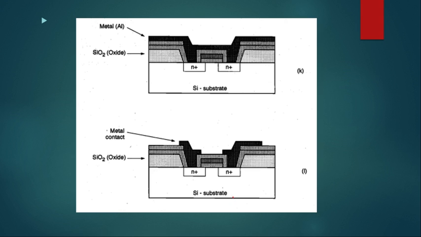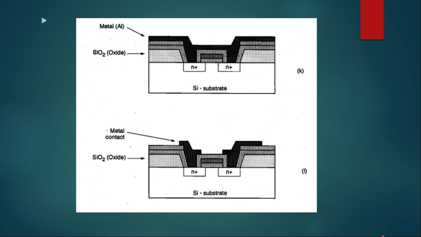And later on, a metal layer, usually aluminium, is deposited all over the surface. The metal layer is deposited for making the interconnections. After the fabrication, stick diagrams and layouts will be studied.